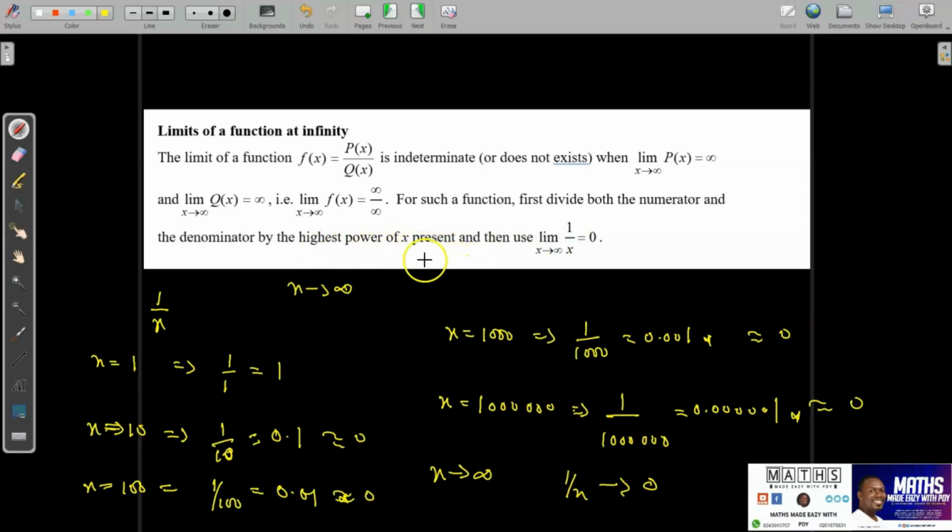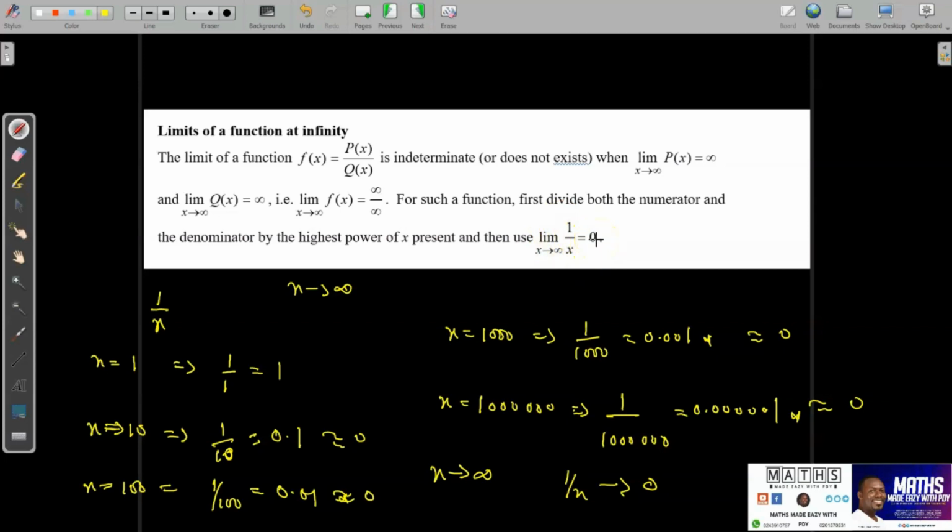So this is what we are going to consider today, the 1 over x function as x approaches infinity. You should know that it always approaches 0. The limit of 1 over x as x becomes so large, the whole function approaches 0.